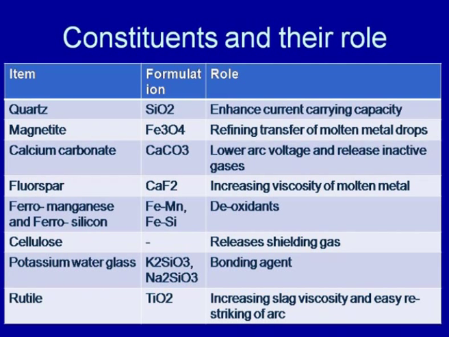So, each type of the constituent which is there in the form of the coating material is used for performing a specific kind of role. So, varying the concentration of these, varying amount of these constituents in the electrode results in different types of characteristics in the weld pool and the arc striking capabilities and the effectiveness of the shielding.